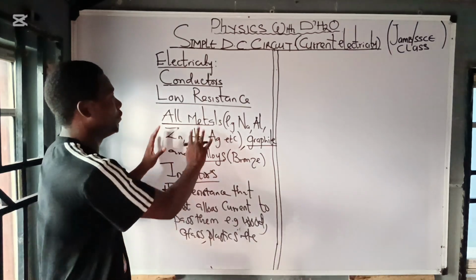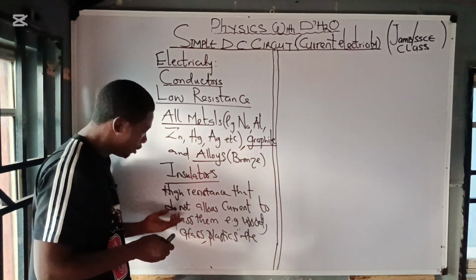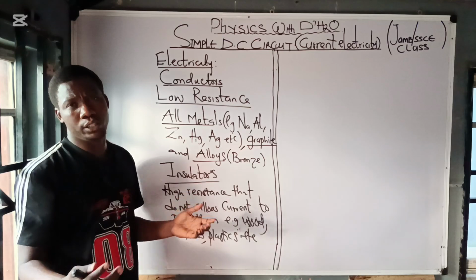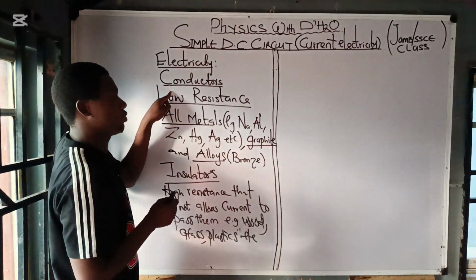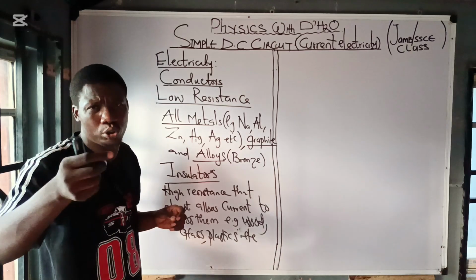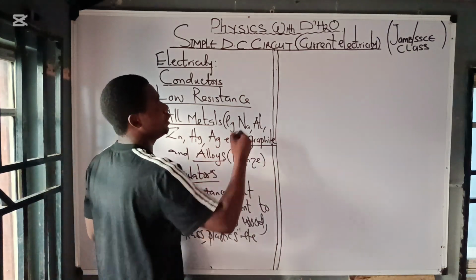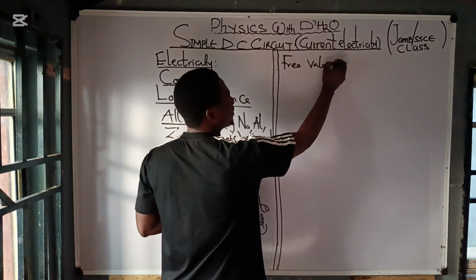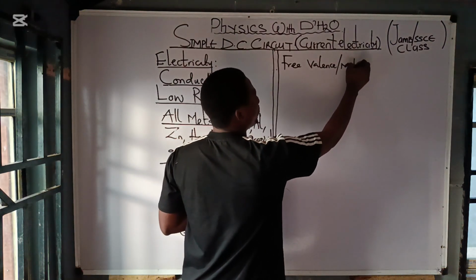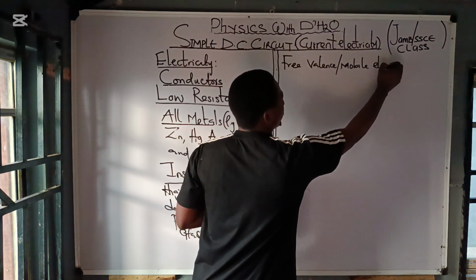So all of these are conductors, while these ones are insulators. Do you understand? Now understand the fact that materials are called conductors because they have free valence or mobile electrons. Take note of that.